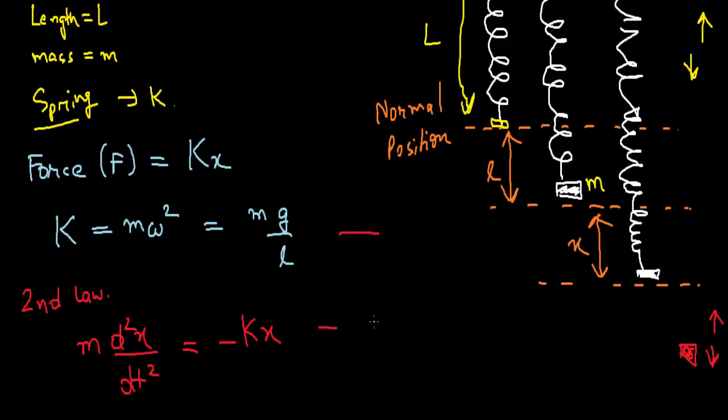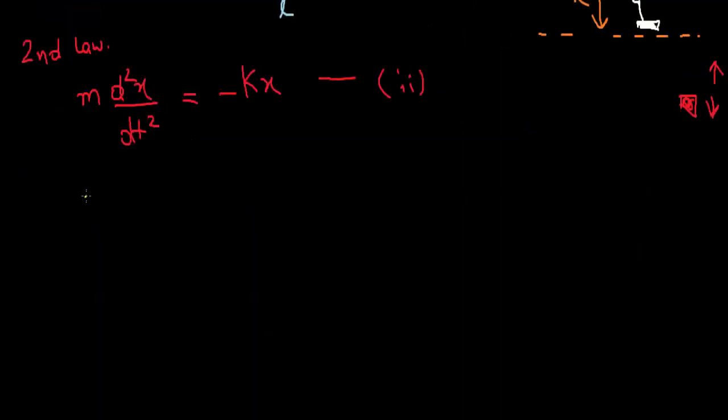And from these two equations, this is equation 1, this is equation 2, we'll just compare and get a good result. So here it will be d2x upon dt2 equals minus kx upon m, and on the right hand side it will be 0 because it comes to the left.